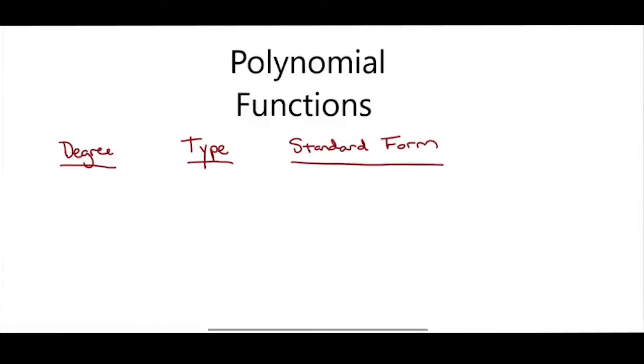Now let's talk about polynomial functions, okay? We're going to talk about some common types of polynomial functions. So the things that you need to know are the degree, the type, and the standard form. And then I'll give you an example.